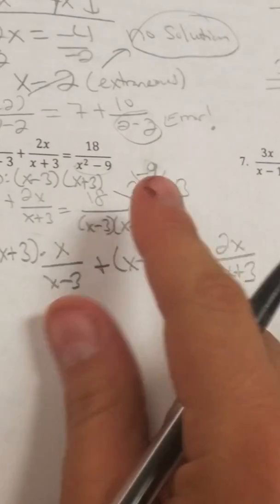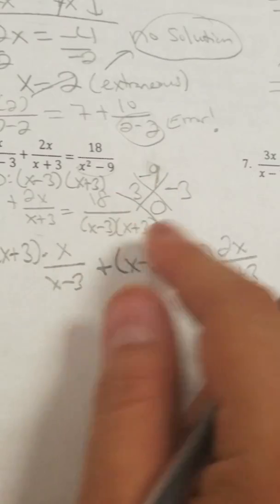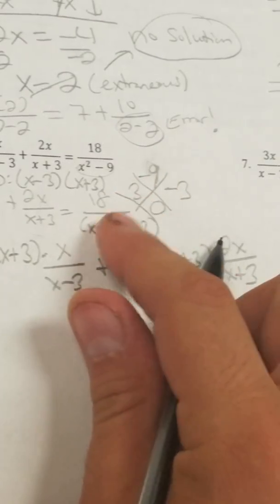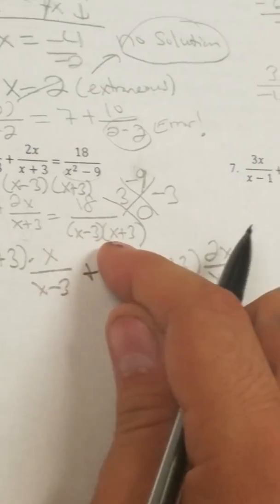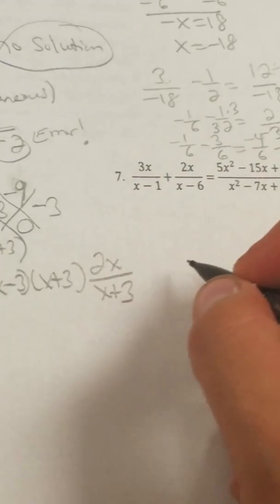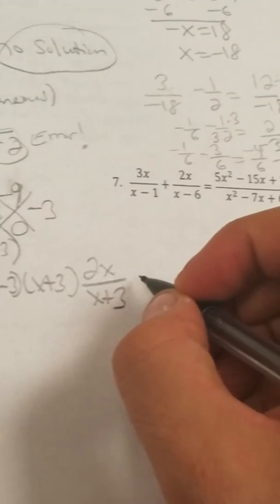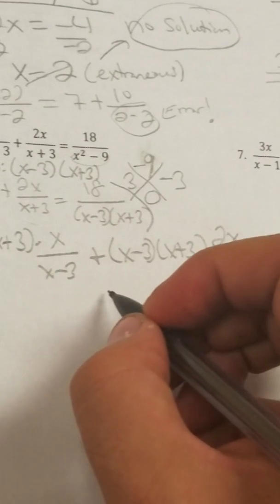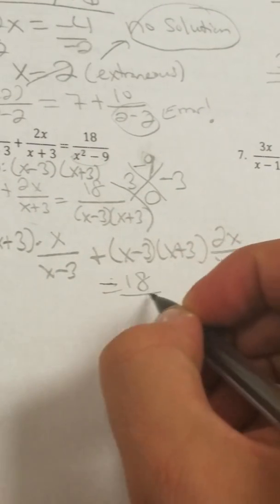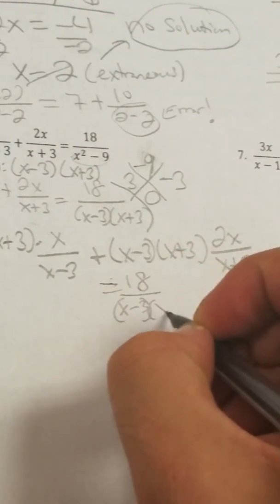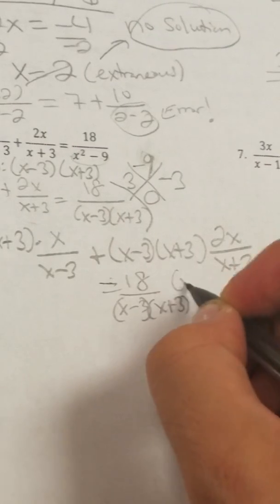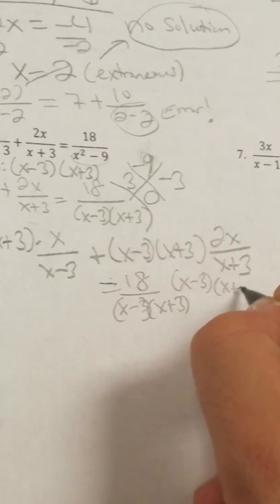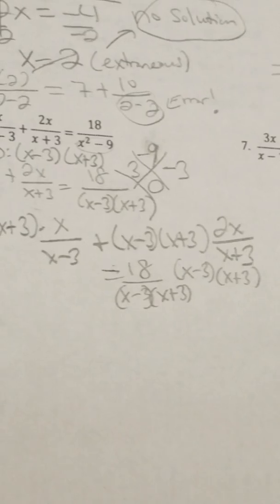All right, and of course it's equal to, and we need to multiply this as well, right? So 18 times x minus 3, x plus 3. So I'm going to write that over here, equals 18 over x minus 3, x plus 3, and then we're multiplying that as well. We're multiplying everything by the LCD.